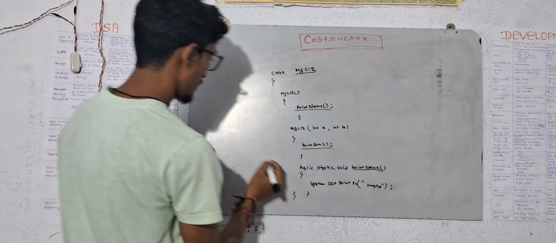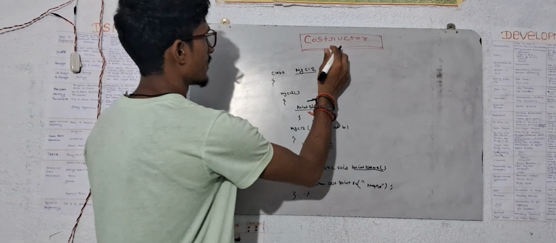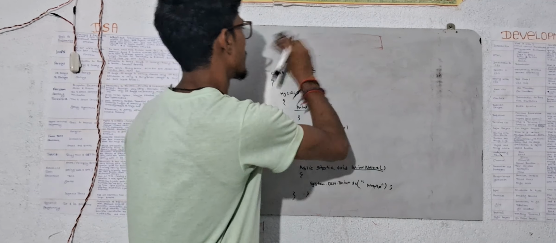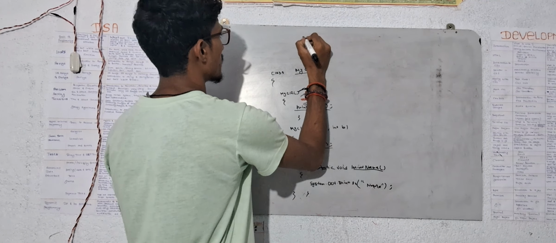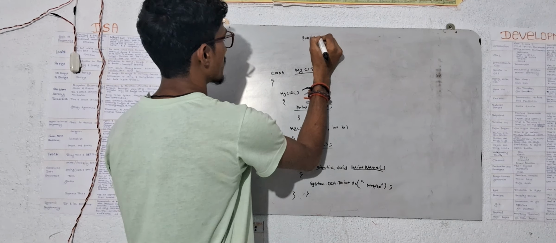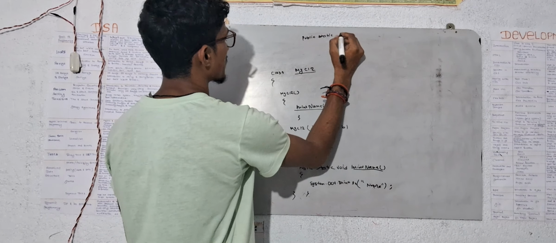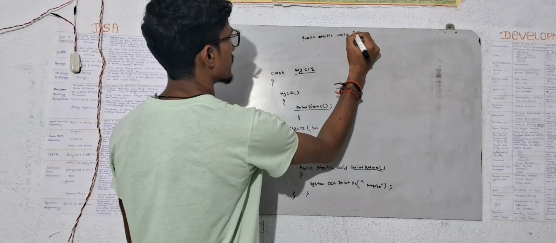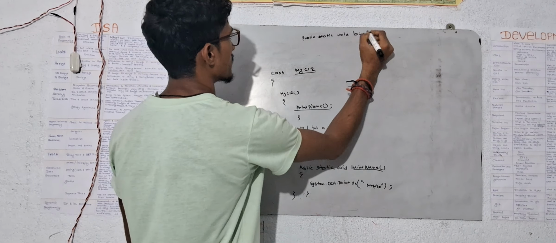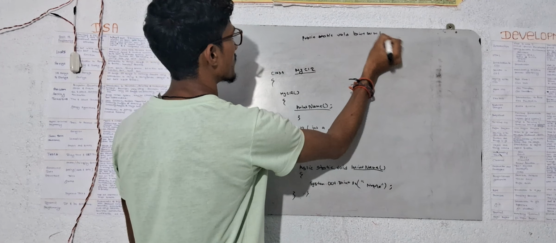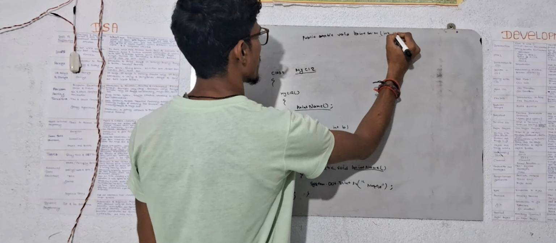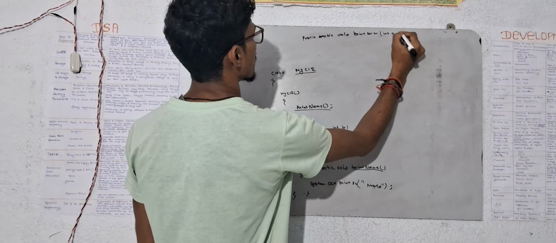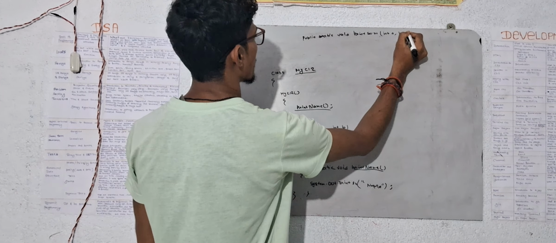So I will write your print function. Public static void print sum int a, int b.